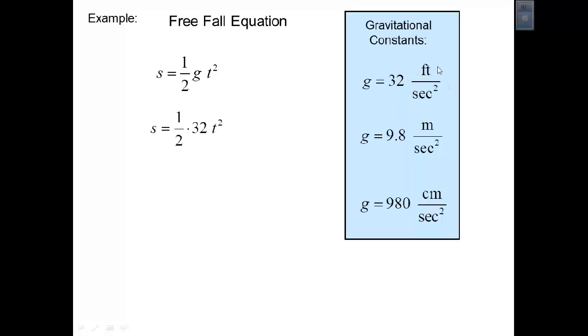So if we were to deal with feet and seconds, we could put in 1/2 times 32 t squared, and that right there would tell us how far the object has fallen at time t. So 1/2 of 32 is 16, so we end up with s equals 16t squared. Now, if we took the derivative of that, the velocity is going to be 32t. So we could find the velocity at any moment in time by just plugging in t there.